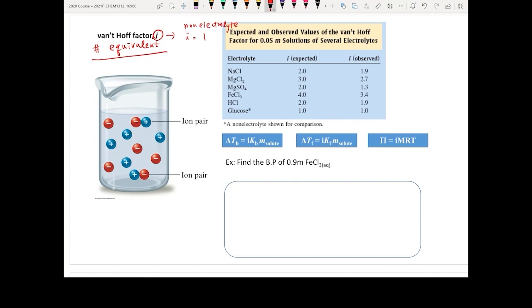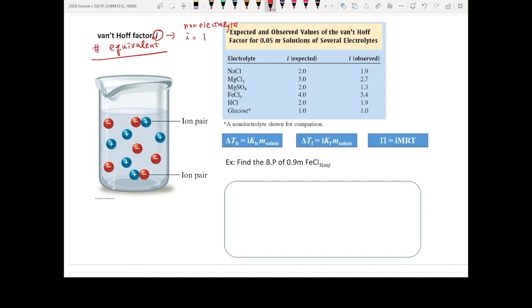So right now the question is, what is a non-electrolyte, and what is an electrolyte? Whatever substance can generate ions in your solution when it dissolves is called an electrolyte. If it cannot, then it's a non-electrolyte. The commonly seen electrolytes include three things: salt, acid, base.